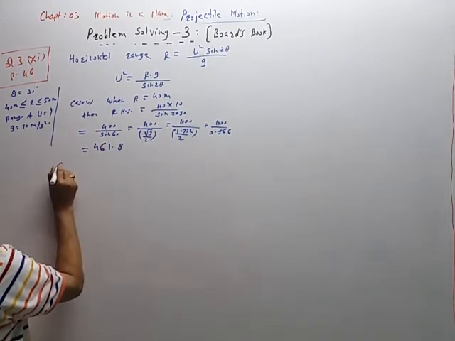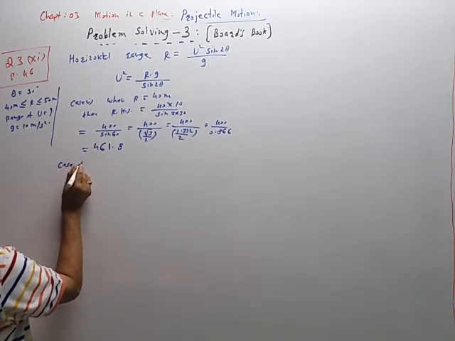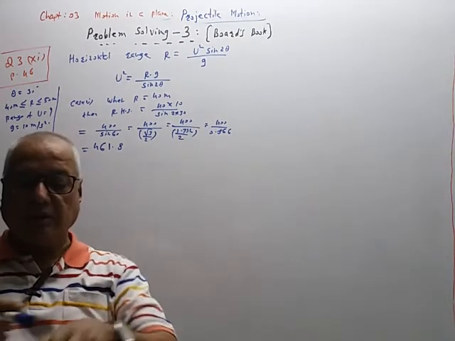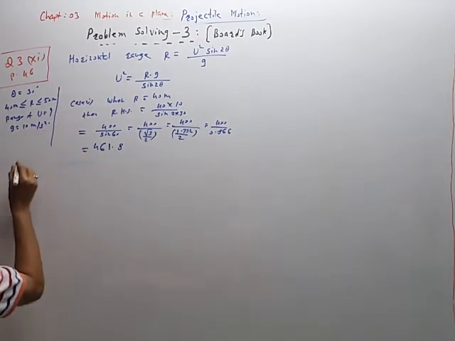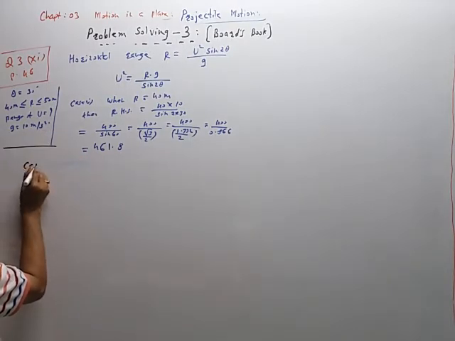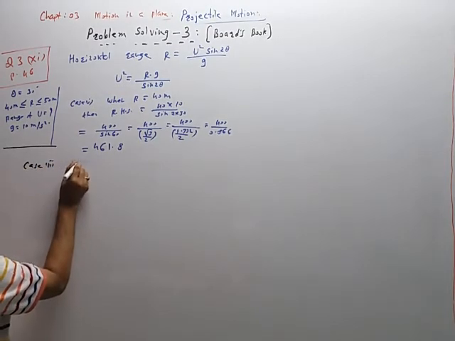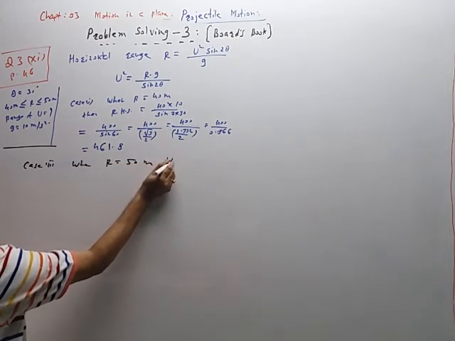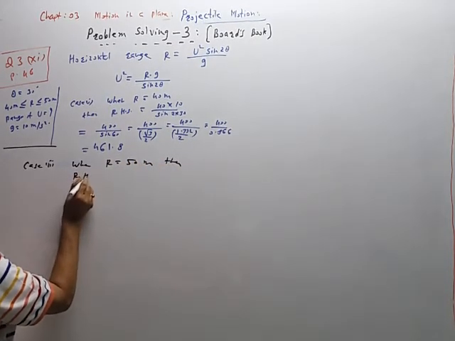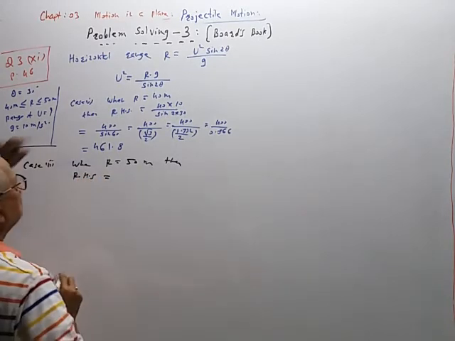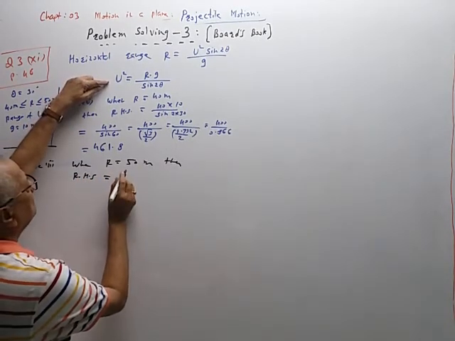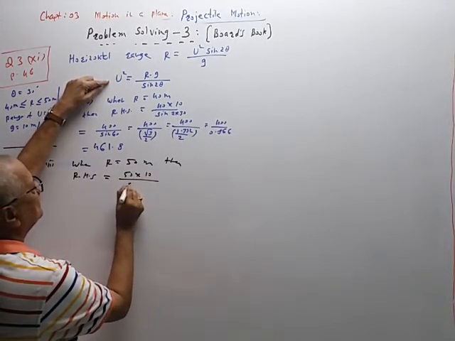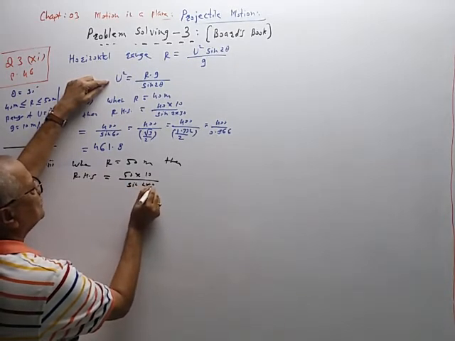Case number 2. When R is equal to 50 meter, then RHS is equal to 50 multiplied by 10 upon sin of 2 multiplied by 30.